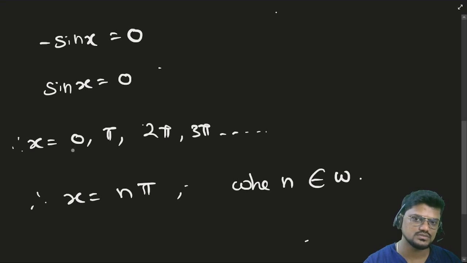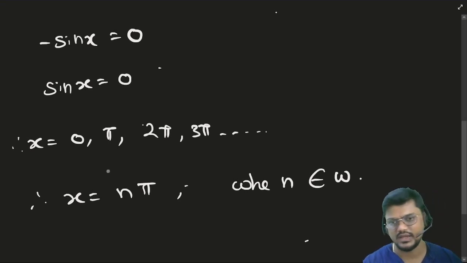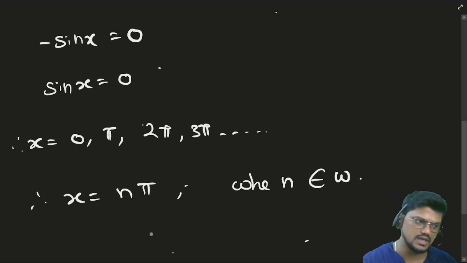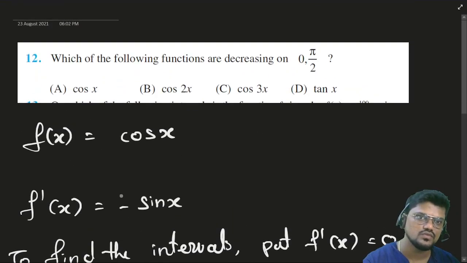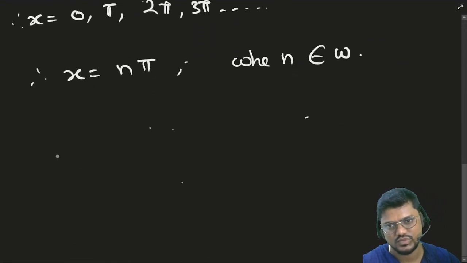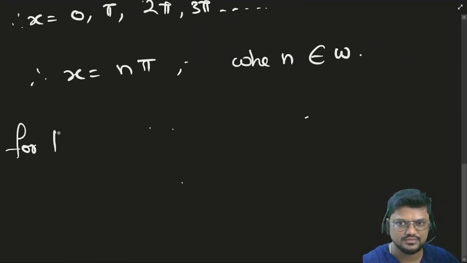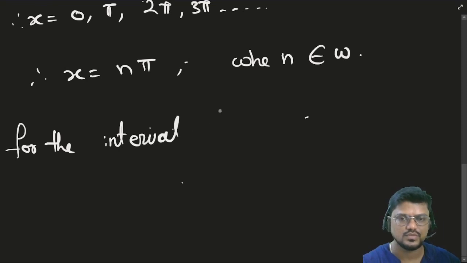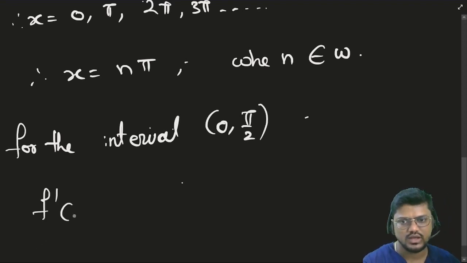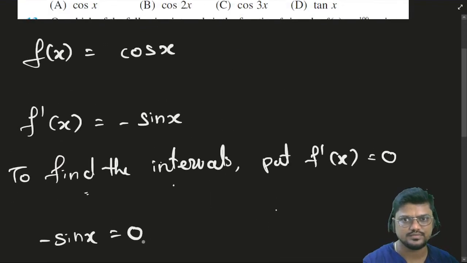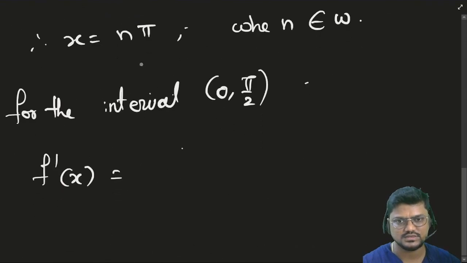For n pi the tangent is horizontal. Fine. So they have asked from 0 to pi by 2. So for the interval 0 to pi by 2, your f dash of x is equal to what? Minus sin x.